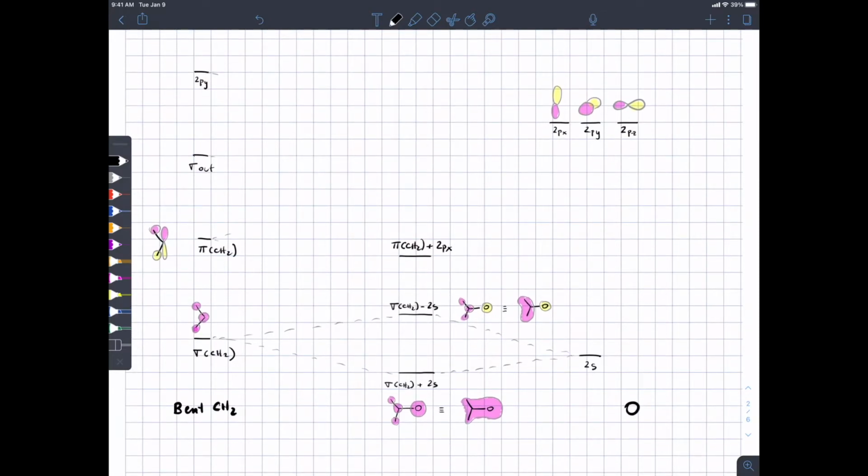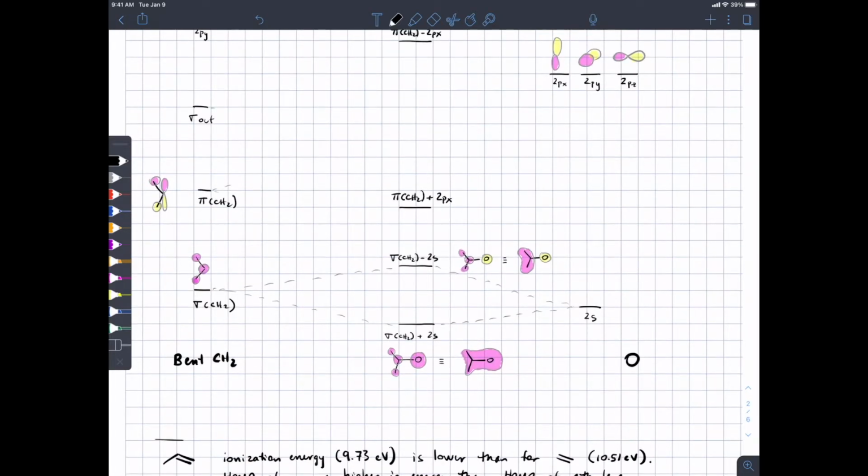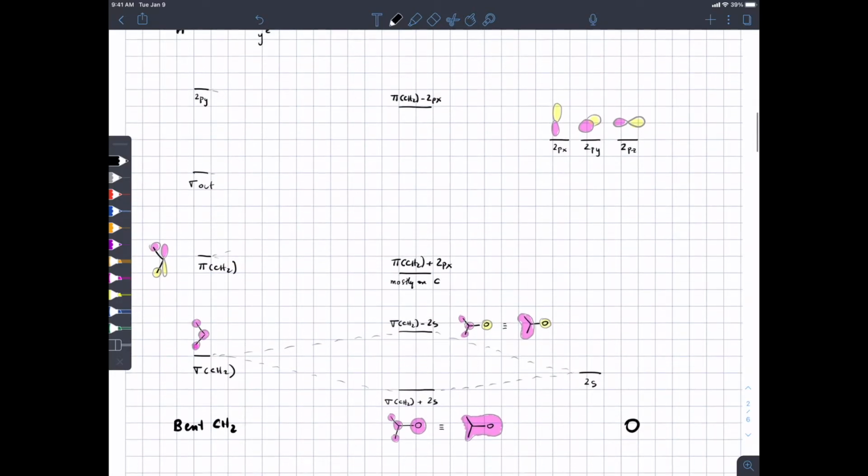And then we need to go a little bit above the 2px orbital. Maybe let's put it here. This would be the pi CH2 minus 2px. We expect this one to be mostly on carbon, or mostly on the CH2 group, and we expect this one to be mostly on oxygen.